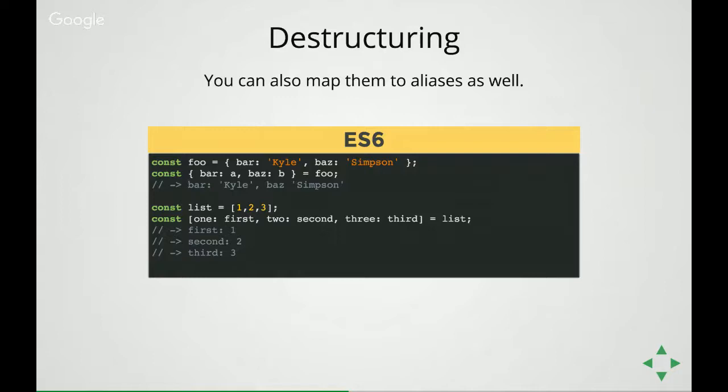Doing something assignment-like, it's really hard to start thinking left to right versus right to left, but you've been doing it the same way that C has done it for many, many years. Oh, sure. And Perl and PHP have destructuring as well that works that way. Bar colon A, it's just like the destructuring in Perl, you are declaring a variable on the left and assigning it something that's on the right, just like it always is.